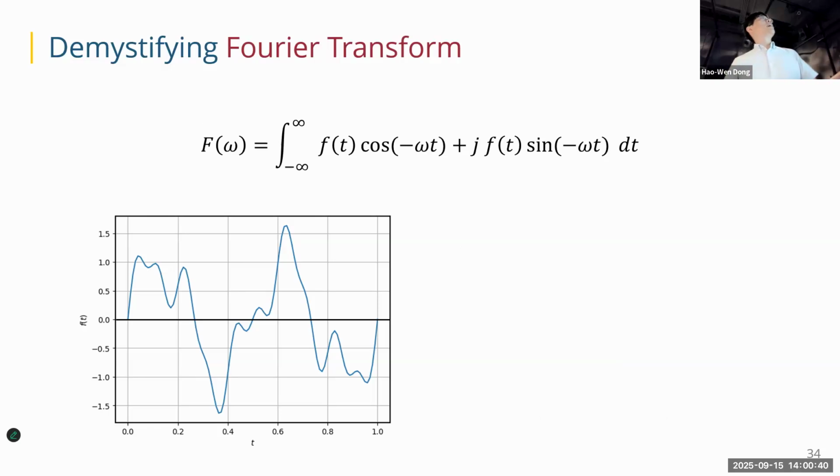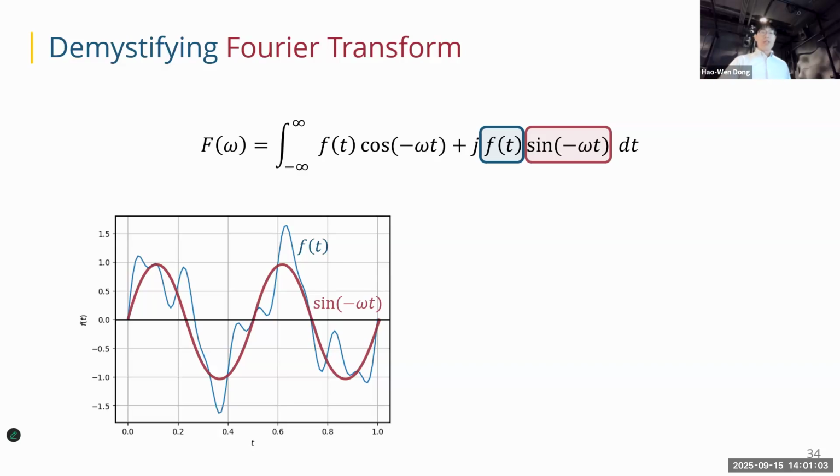So that's actually what's going on here. If you look at the thing, you have f(t) times the cosine wave. That's essentially what's going on here. And there's, however, another component, which is f(t) times sine at the same frequency, and there's this j, which is the complex thing.